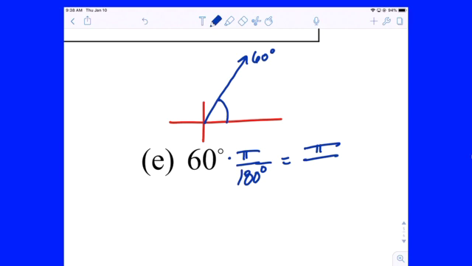If you notice how I write my pi, I don't put the squiggle on the top. I just put a straight line. If you are more artistic, you could do the pi like that. That's fine.